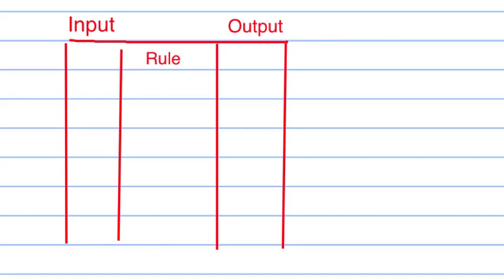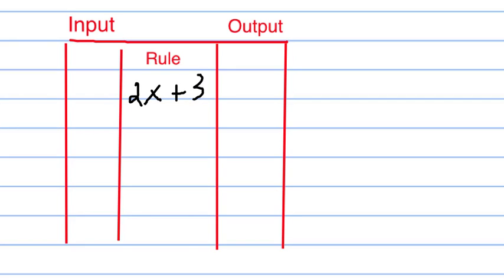Okay, here's an example of a function machine. We have an input and we have an output, and then we have a rule that indicates what's going to happen with our numbers that we use for input. So let's just write a basic rule. Let's say 2x plus 3.